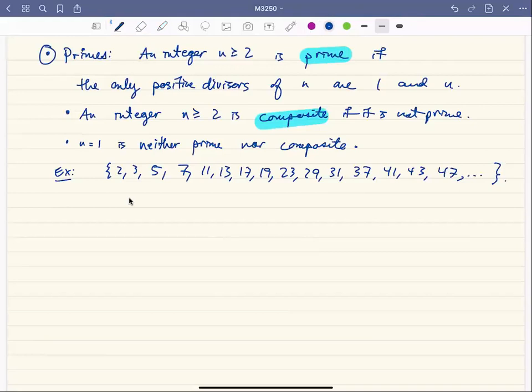Before we can do that, we have to talk about the fundamental theorem of arithmetic. The fundamental theorem of arithmetic basically says that primes are the building blocks of the positive integers.